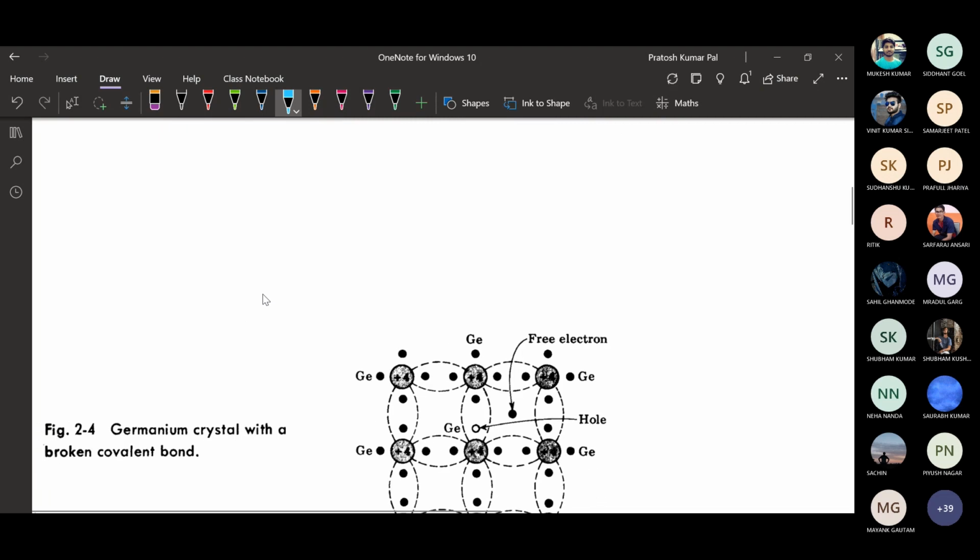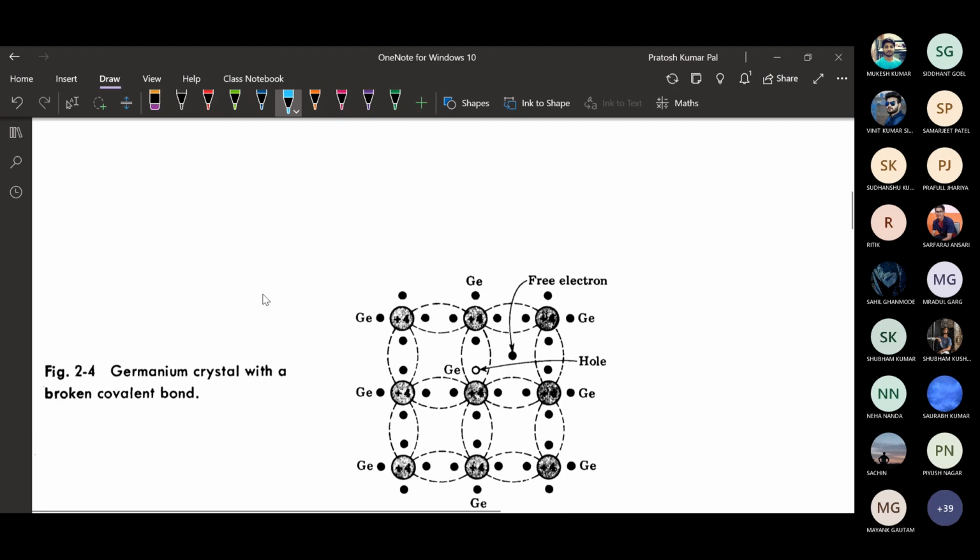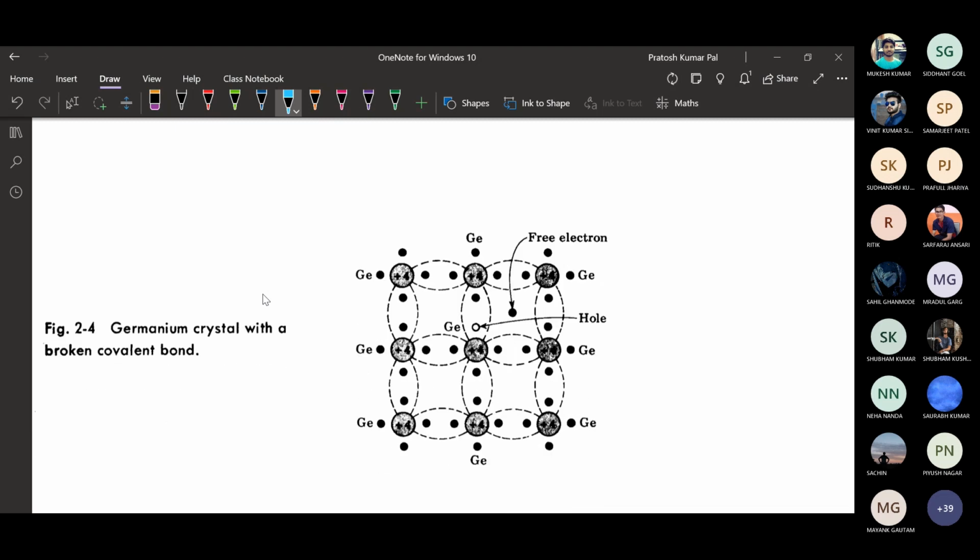Okay, but if we are going to increase the temperature, what happens? The temperature that we are providing externally will give some energy to these bound electrons, or the electrons that are bonded with covalent bond with the neighboring atoms will be acquiring some energy.